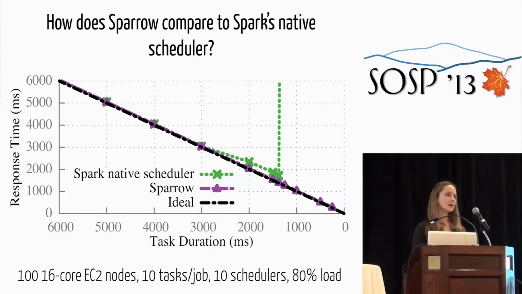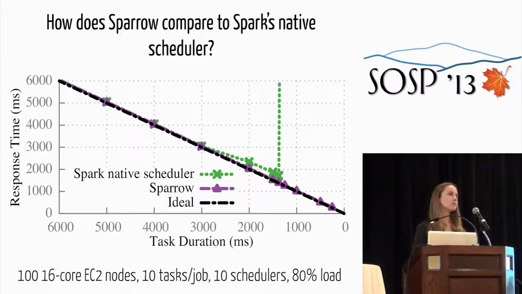At the beginning of this talk, I mentioned that Spark's scheduler has a throughput limitation of about 1,500 tasks per second. So this graph compares Sparrow to Spark's native scheduler using a simplified workload. This is running on a cluster with 100 machines, and each job is composed of 10 tasks that all have the same duration. So as we decrease the duration of a task from, say, 4 seconds to 2 seconds, we expect the job response time to correspondingly decrease because all of its tasks are the same length.